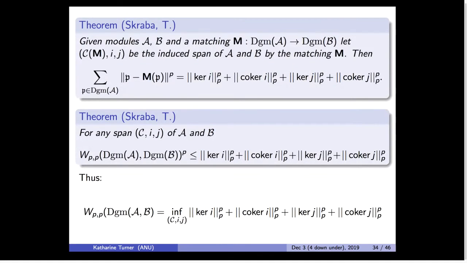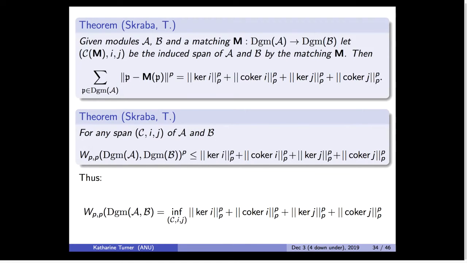So the theorem is, basically, whenever you have two modules and you have some matching between them, you can create, as I said, taking these maximums of things, this span between A and B, a span induced by that matching.